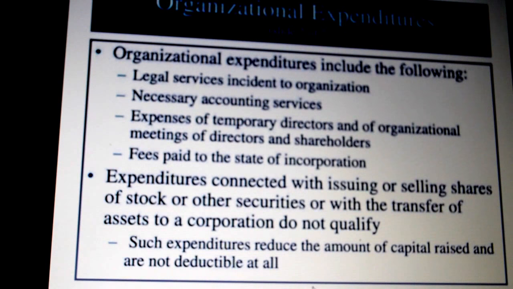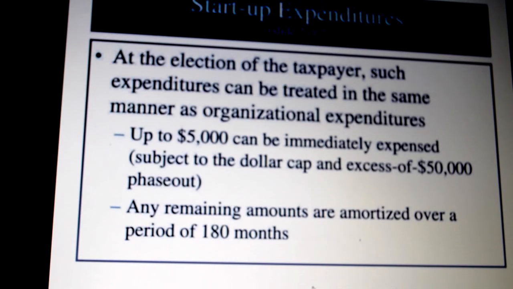Expenditures connected with issuing or selling shares of stock and other securities, or with the transfer of assets to the corporation, do not qualify. Such expenditures reduce the amount of capital raised and are not deductible at all.